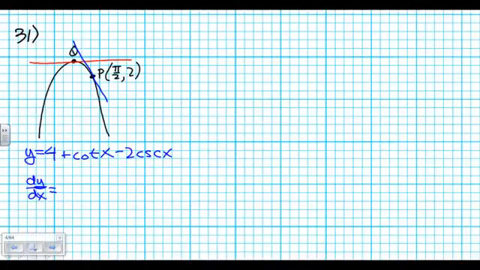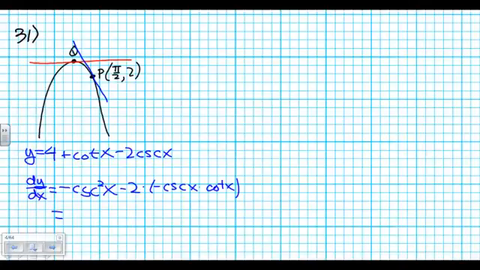So the derivative of 4 is 0. The derivative of cotangent, it starts with a co: negative cosecant squared, minus 2 times the derivative of cosecant, negative cosecant x cotangent x.